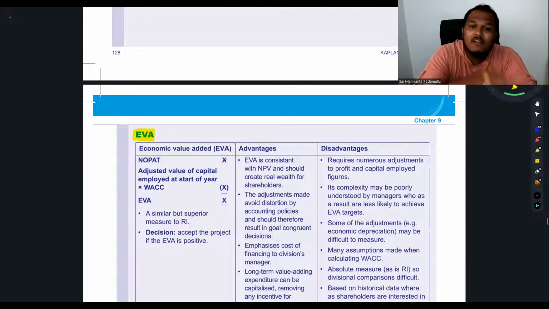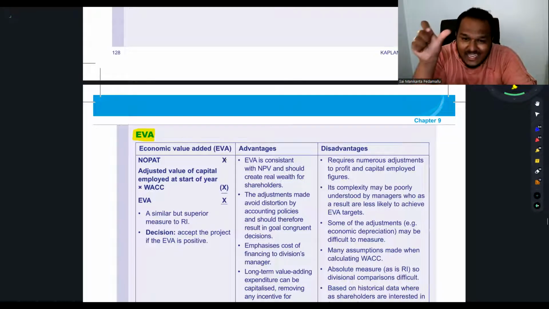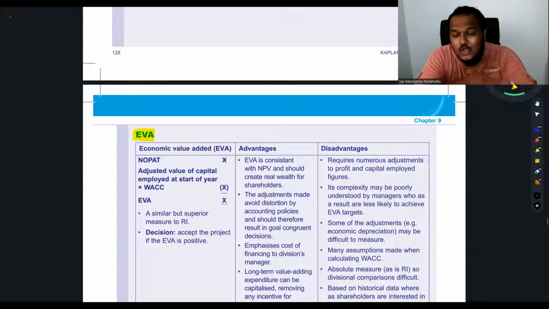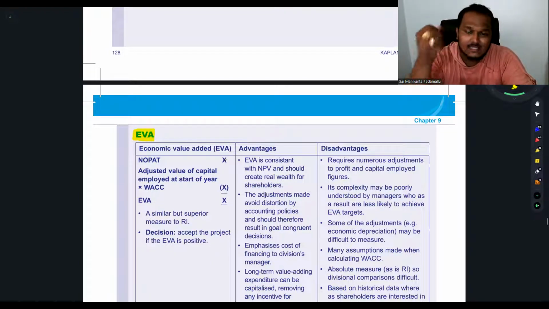So economic value added is basically nothing but taking the book profit and trying to convert that book profit into meaningful returns that the company generated. Actual performance returns, or something that can be used for performance evaluation.